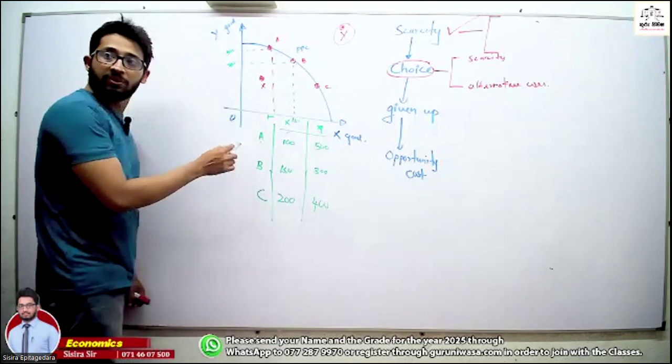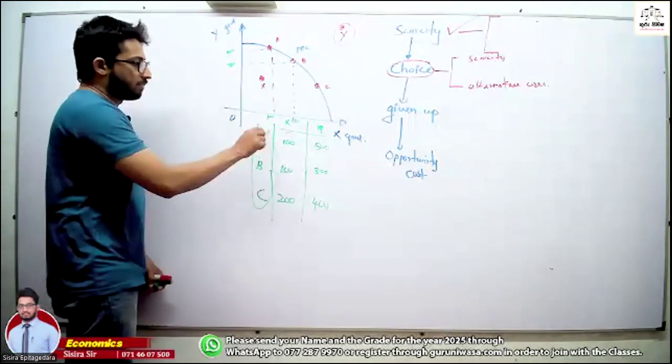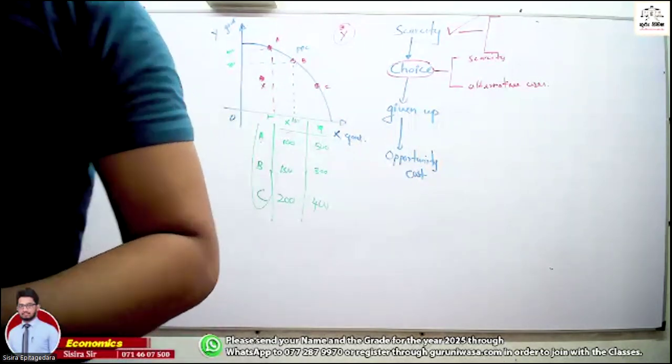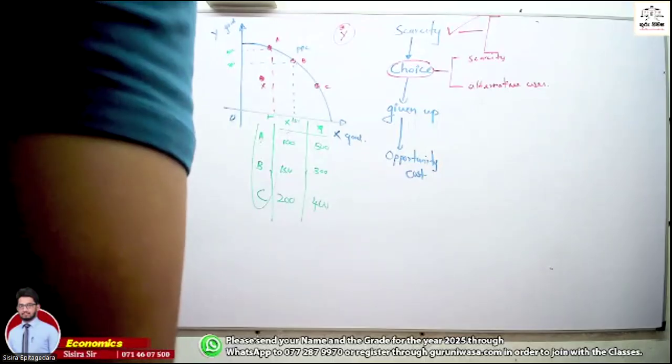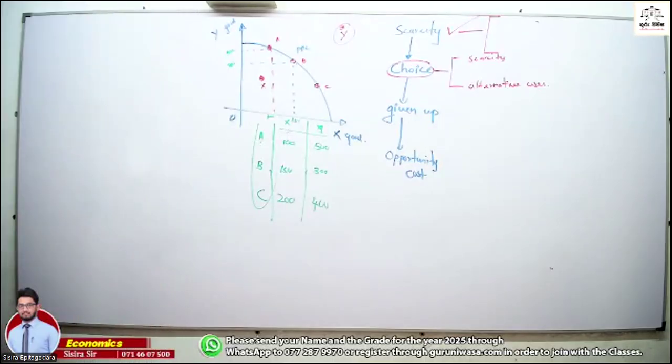They can't produce all of these points A, B, C. They have to make a choice among points, production combinations. Is that clear? Any issue? No, good. Right, I'll share the screen.